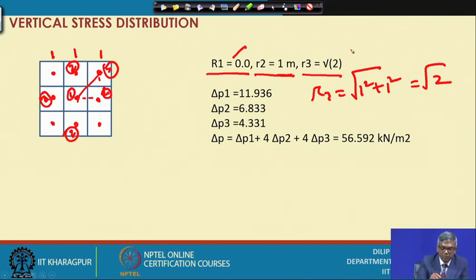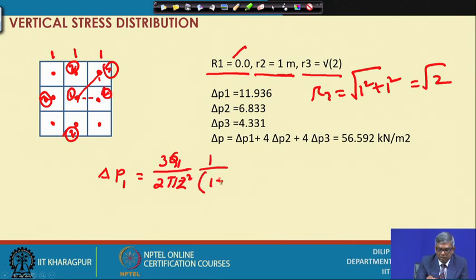Now, I can find out del P1. Del P1 will be equal to 3 Q1 by 2 pi z square, 1 by 1 plus R1 by z square to the power 5 by 2, and R1 is 0. And what about the Q1?